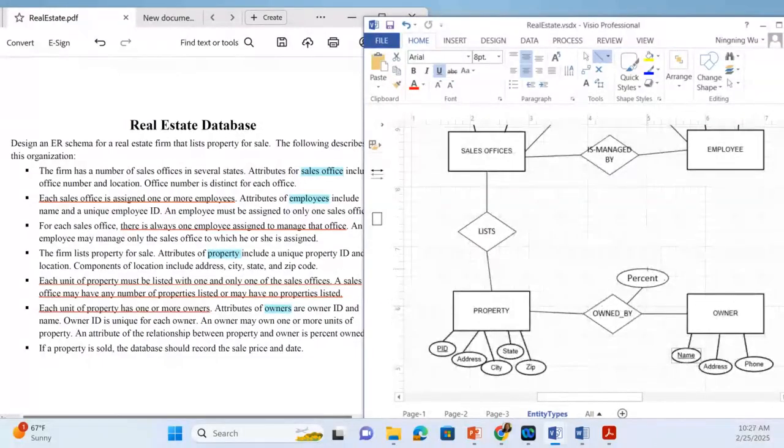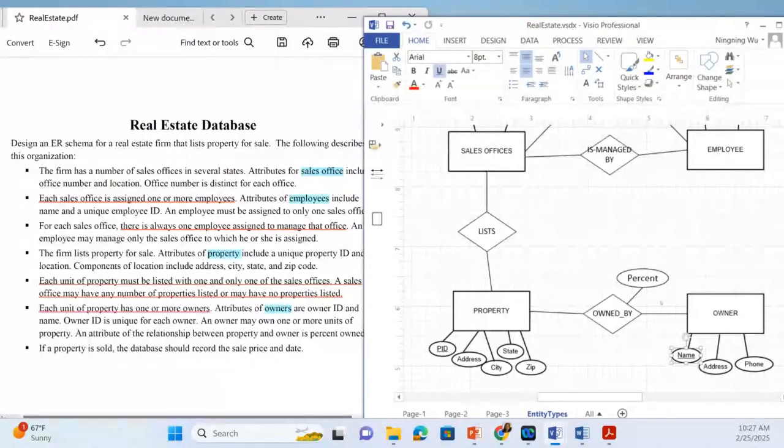So putting the percent on the owned by relationship type provides a very convenient way to record the percent for every owner of a property.